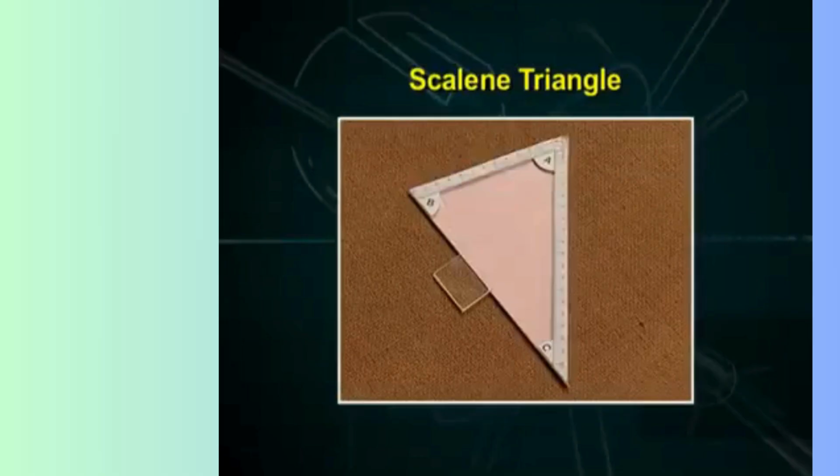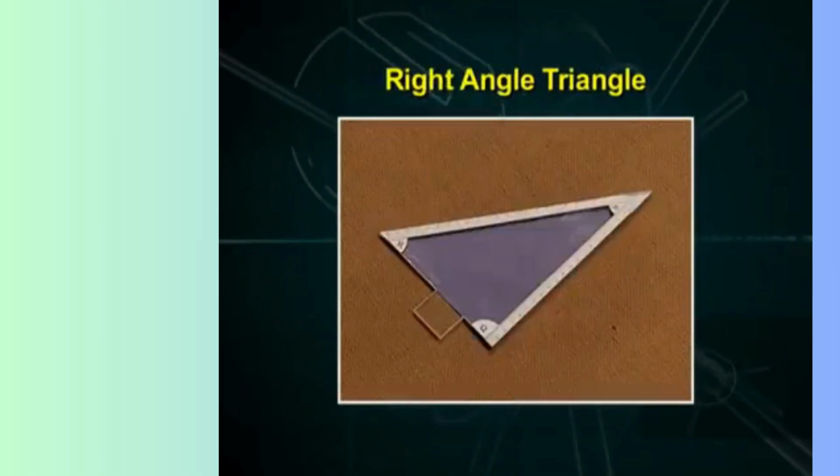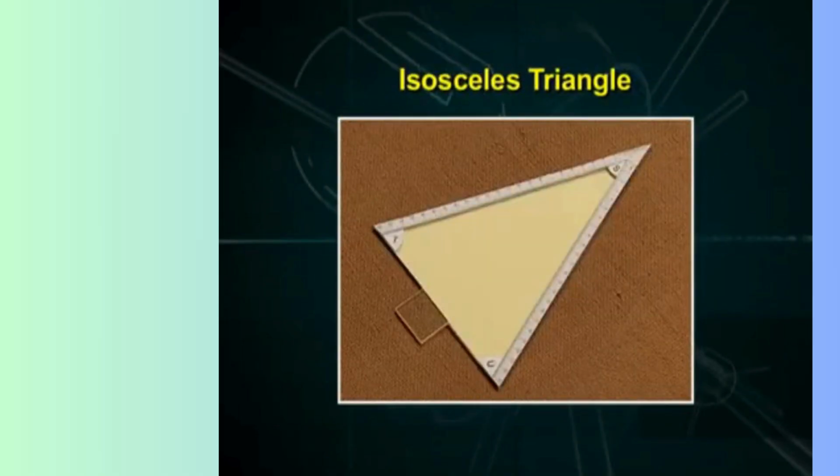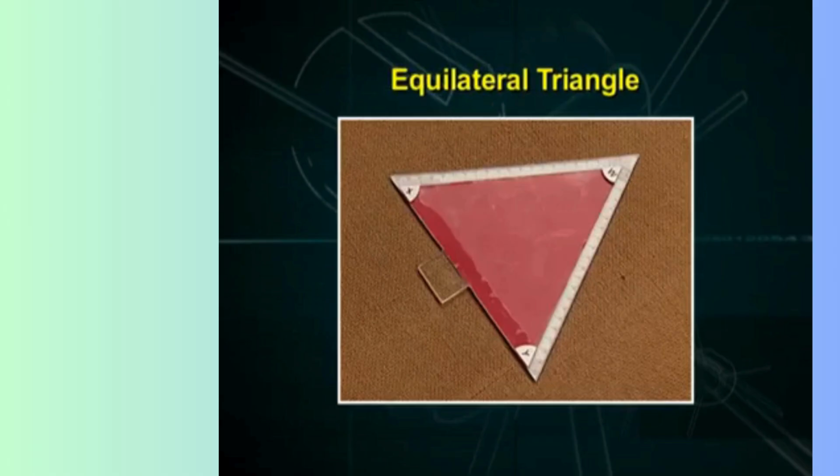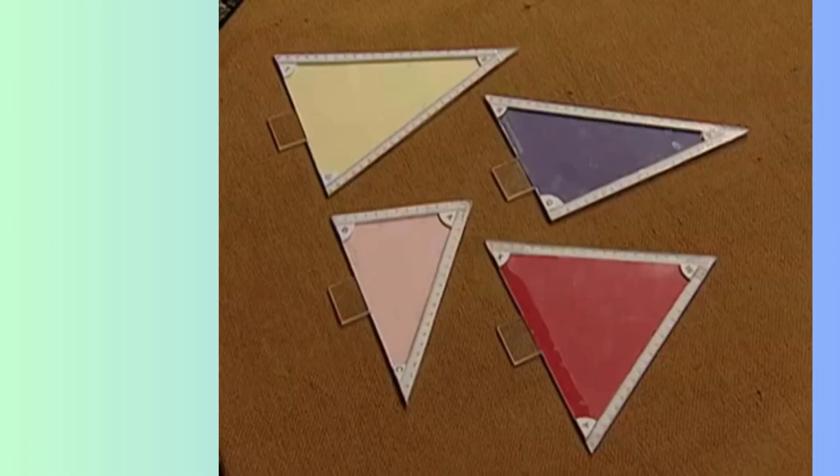We are going to verify this theorem in 4 cases: when we have a scalene triangle, a right angle triangle, an isosceles triangle and an equilateral triangle.